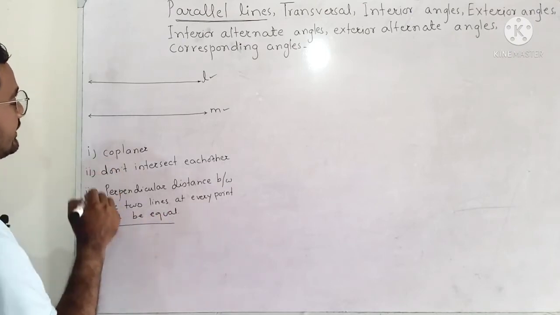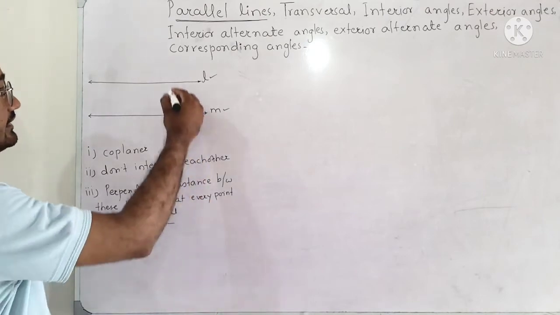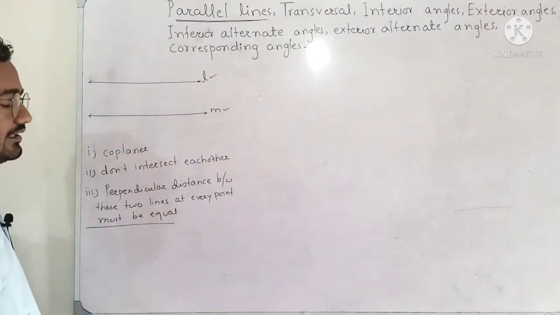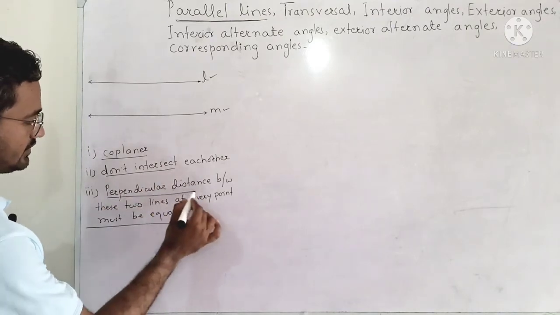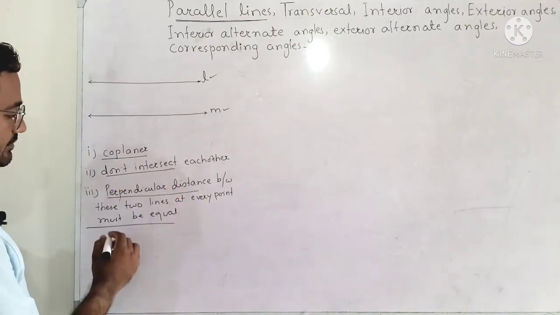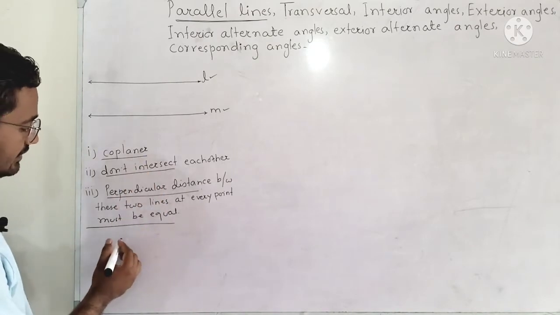So if these three conditions are satisfied, then these lines are said to be parallel. So parallel lines are coplanar, do not intersect each other, and the perpendicular distance between them must be equal. Then these lines are called parallel.